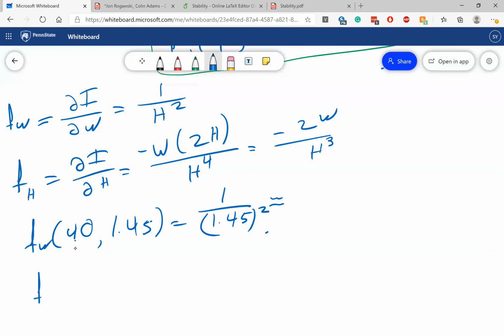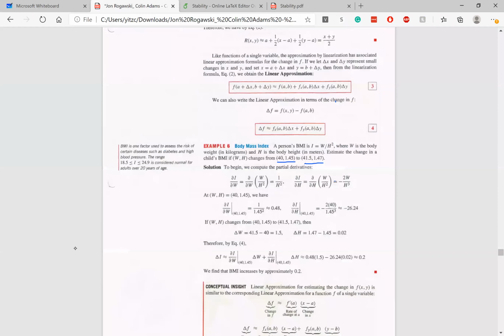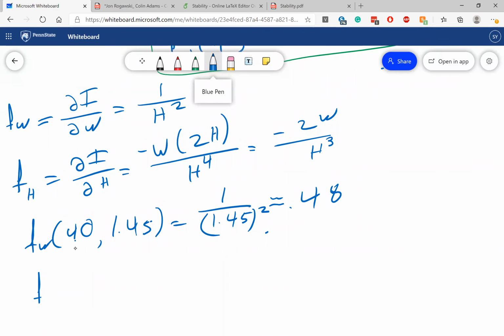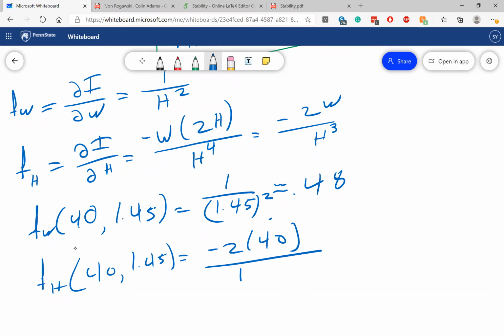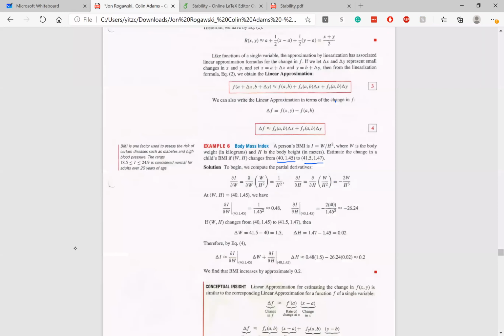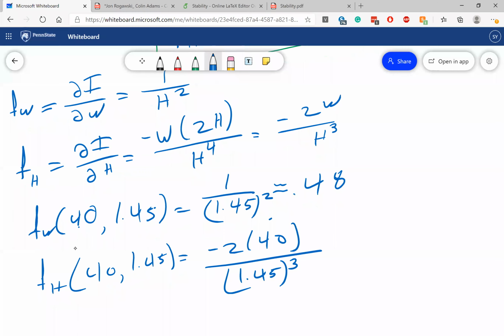This would be 0.48. Now this is going to be -2 times my W, which is 40, over 1.45 cubed, and they tell us that is negative 26.42.